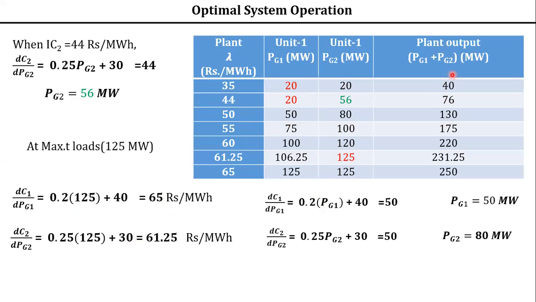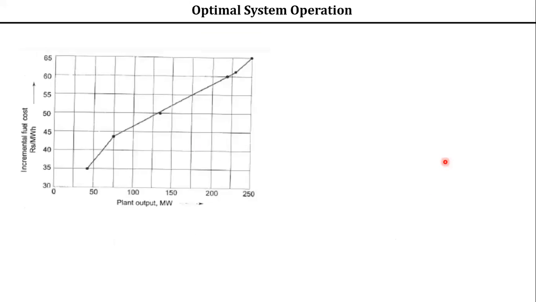Now you see total output is varying from 40 to 250 megawatt. That's what has been given in the problem. Hope you understood this one. Now for this, you can draw the curves for different values of lambda, taking these values. Understood? So you can plot it.